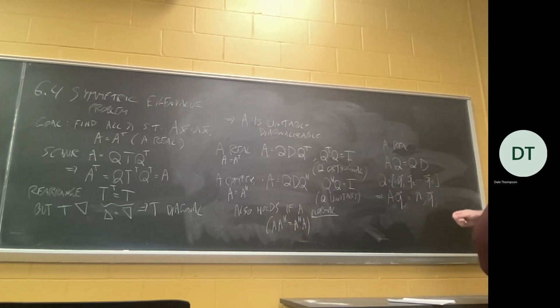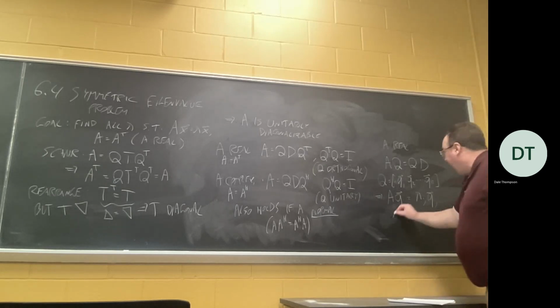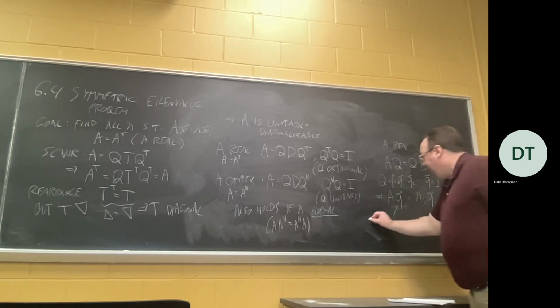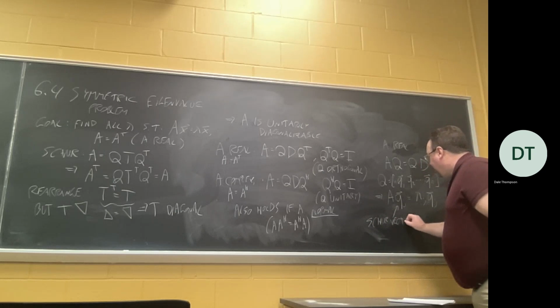So the Schur decomposition tells us a lot more about A's eigensystem in the symmetric case than it does in the general case. Because remember I described the columns of Q, where Q is the orthogonal matrix from a Schur decomposition, as Schur vectors. All right, so these are Schur vectors still, but we can also say that they are the eigenvectors.